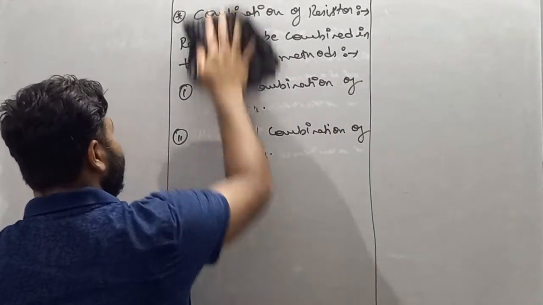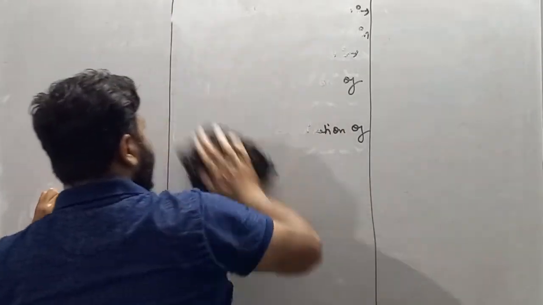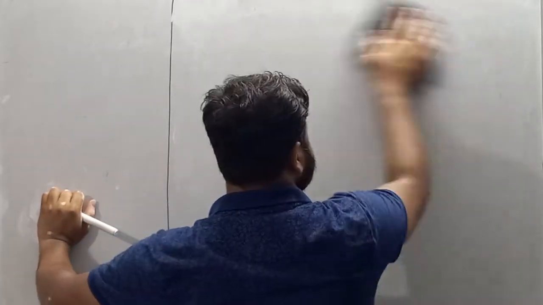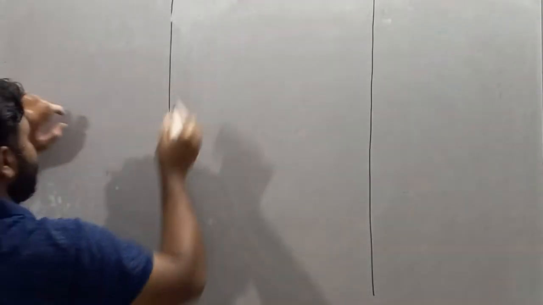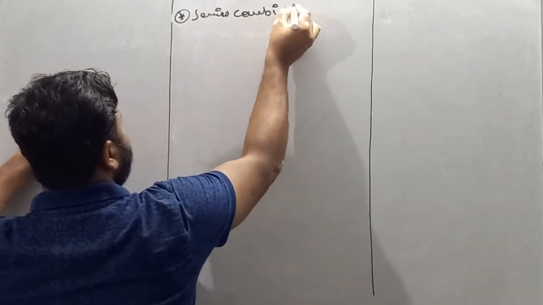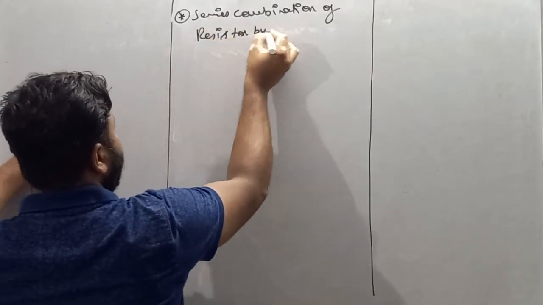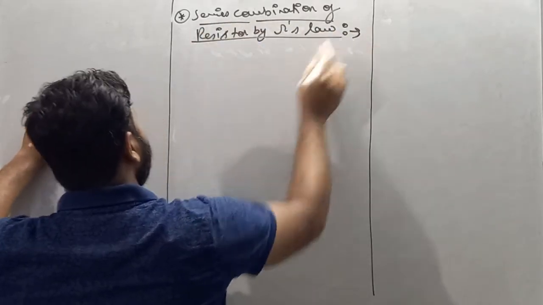So write down: series combination of resistor by Ohm's law.